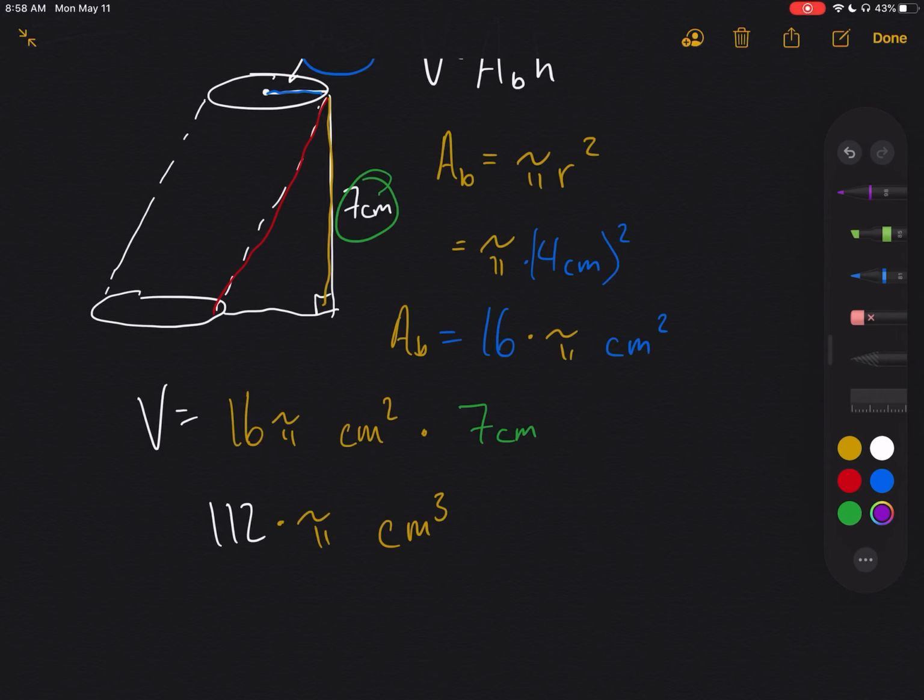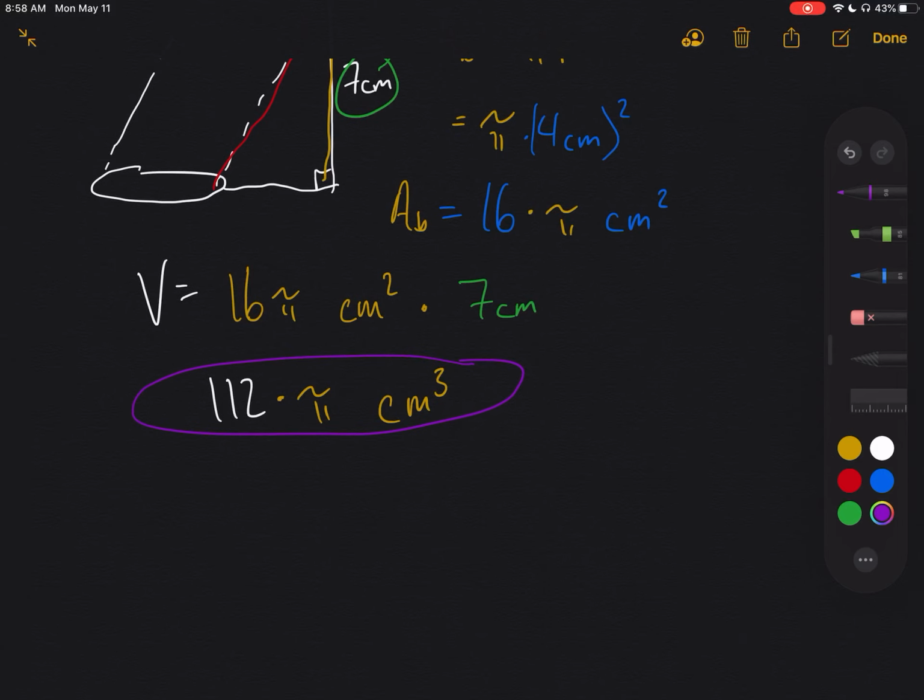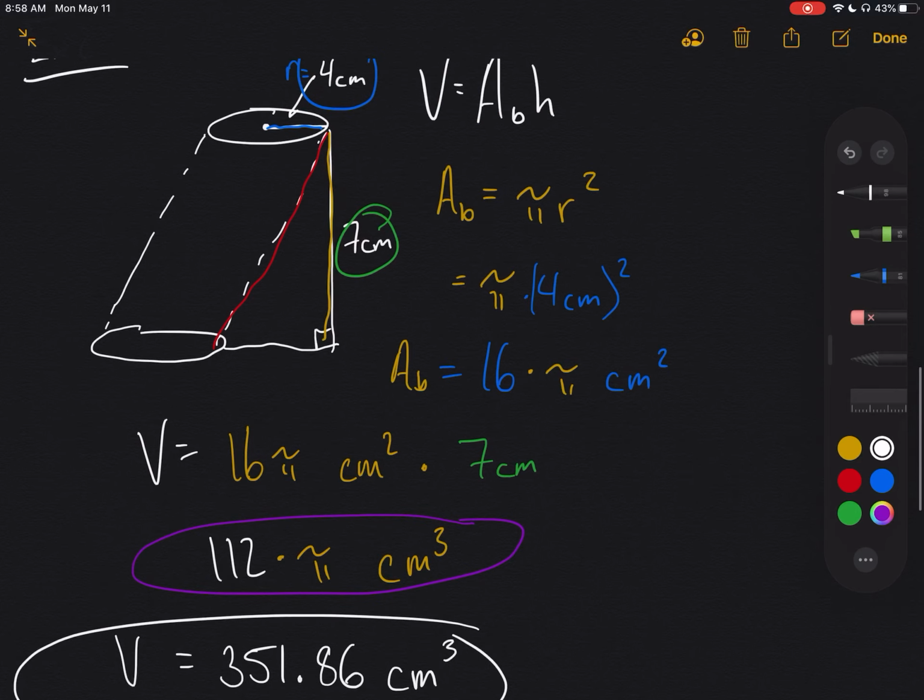If you were asked for the exact answer, that would be 112 pi. Alternatively, if you were asked for an answer with decimals, you would do 112 times pi, multiply that out, and use however many decimal places it asks you to use. So 112 times pi is 351.86 centimeters cubed. That is the volume of the entirety of this cylinder.